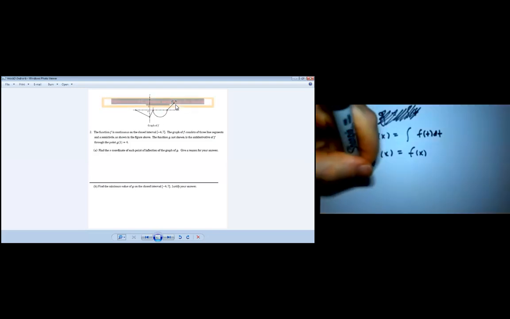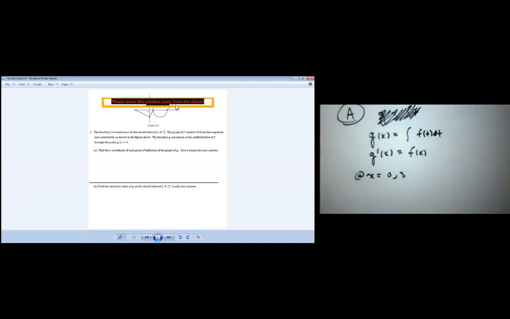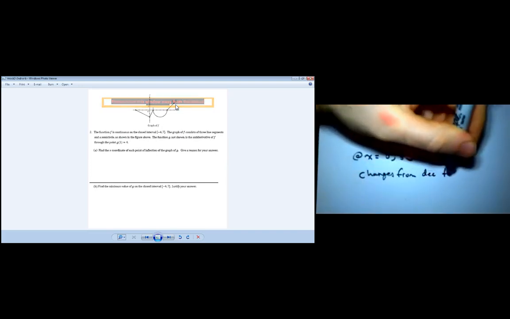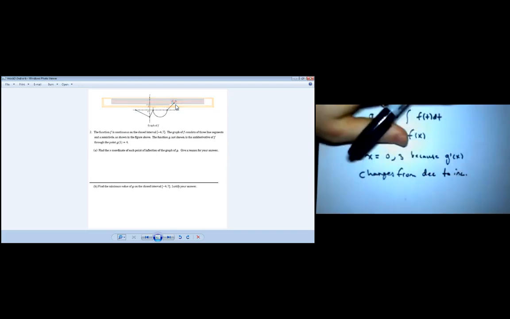So at x equals 0 and 3, because g prime of x changes from decreasing to increasing.